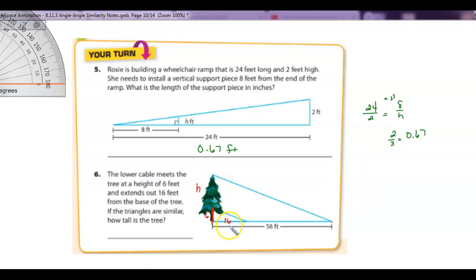So I can do height to length, height to length. I can multiply both sides by 56 to get rid of my fraction on that side.